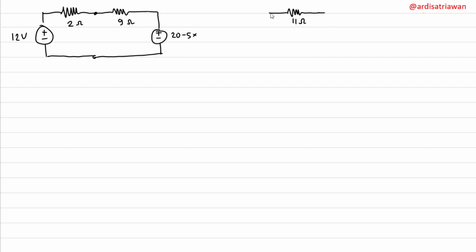And then for this one, plus minus, I will have 12 minus 20, so I will have minus 8. Yeah, let's just write 12 minus 20 minus 4x. And this will be minus 8 plus 5x. And here is our final circuit.